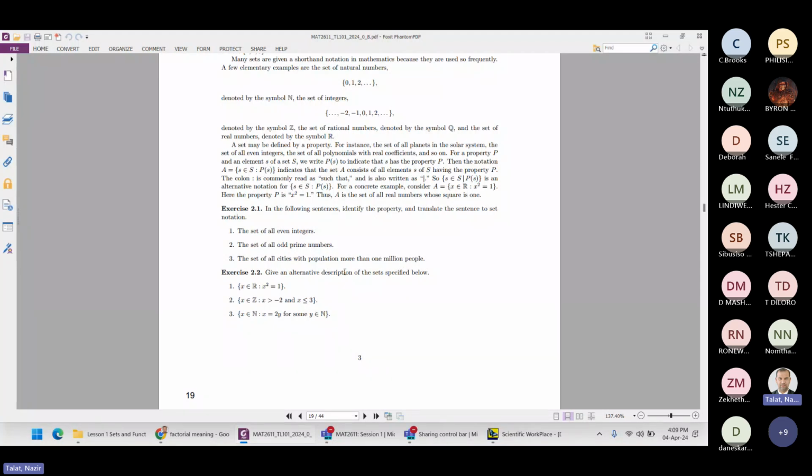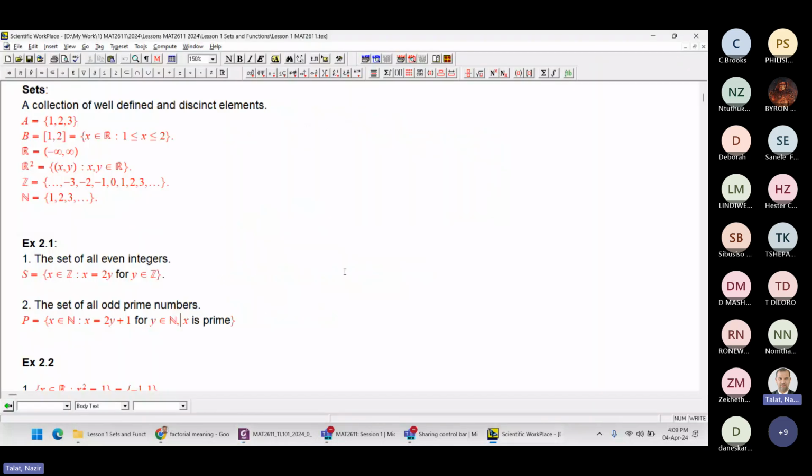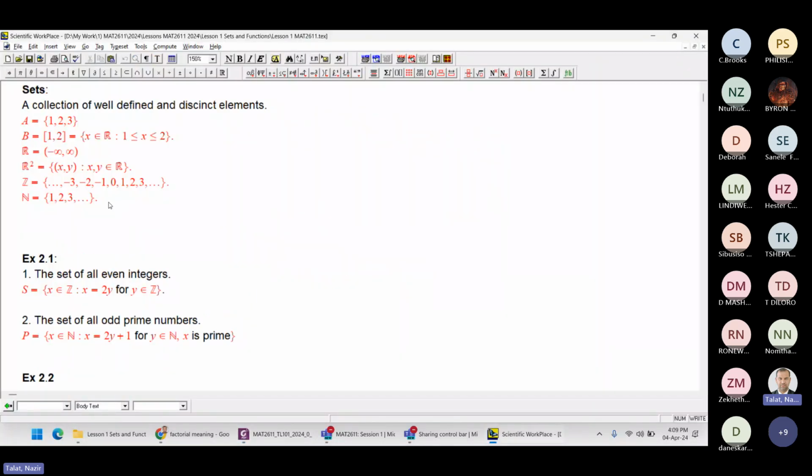But the important thing is that a set is a collection of well-defined and distinct objects. So it's very important that we look at the form of a set. For instance, if we describe sets which contain infinity, it's important to see that in R, infinity is not included. It's an interval, a collection of all those elements for which minus infinity and infinity are excluded.